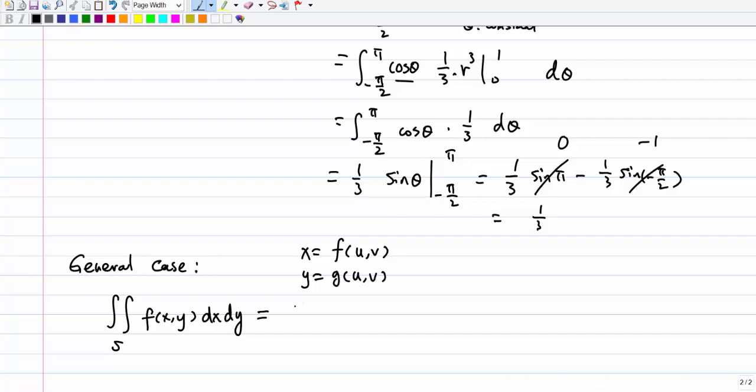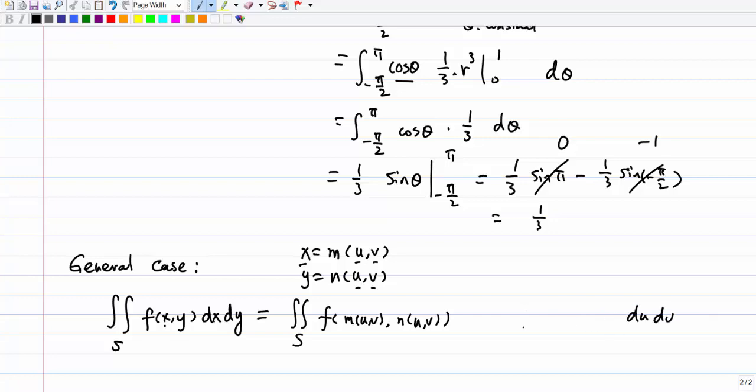Now this integration is given by the integration over s of f(m(u, v), n(u, v)). You basically replace all your x and y by u and v because I don't want to have them. This becomes du and dv over here.